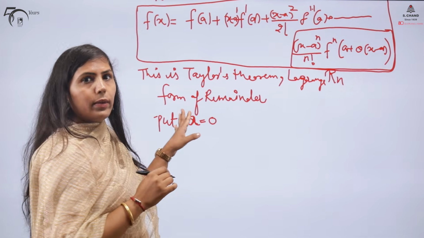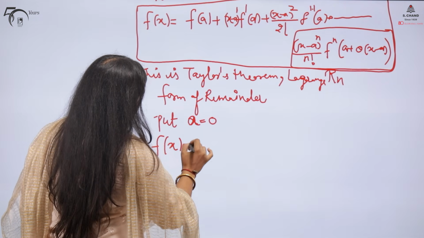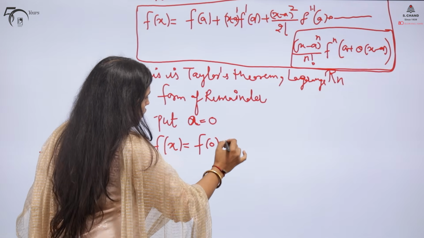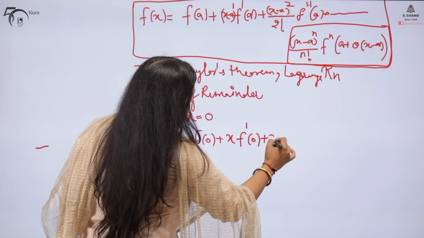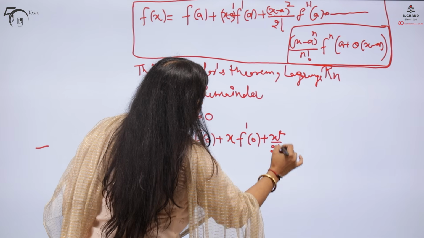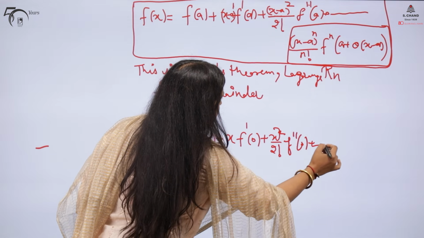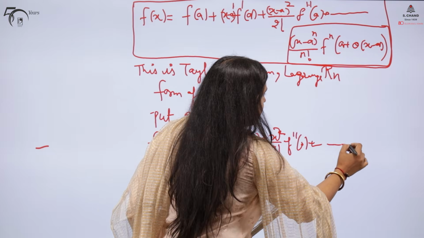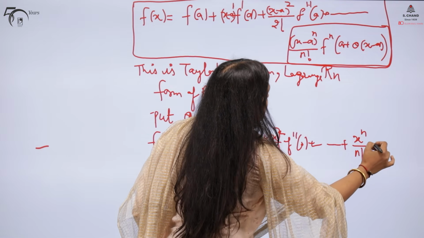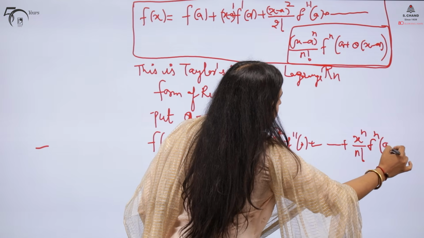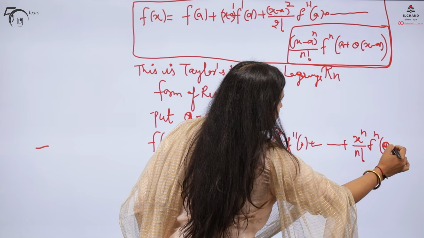Your form will look like f(x) equals f(0) plus x f dash 0 plus x square by 2 factorial f double dash 0, and so on. The last remainder term, which is important, will be x^n upon n factorial f^n(theta x).